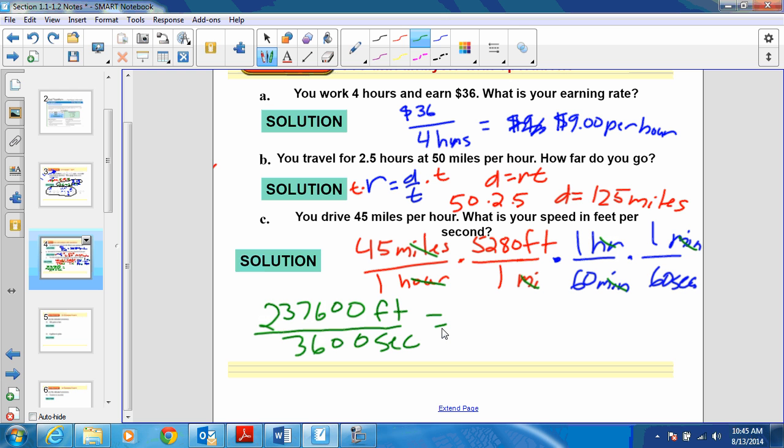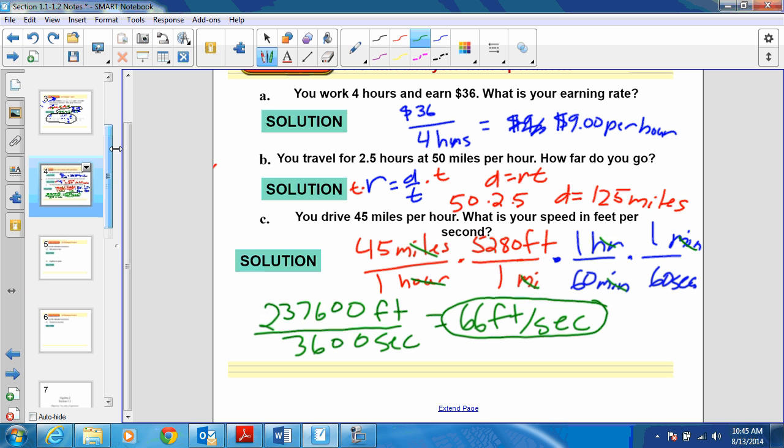Okay, so when we divide those, we get 66 feet per second as our answer. So that's how you set up a unit analysis. One of the most real-world things you can do, and something you can use everywhere.